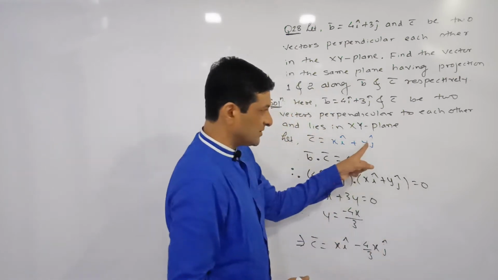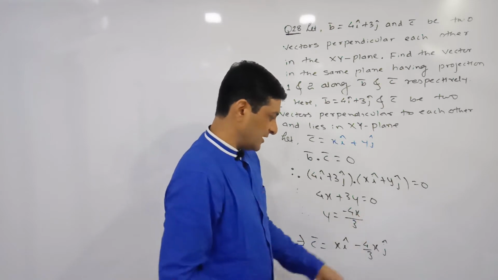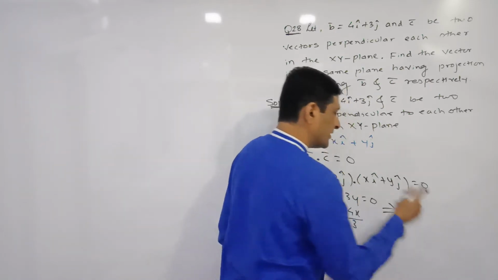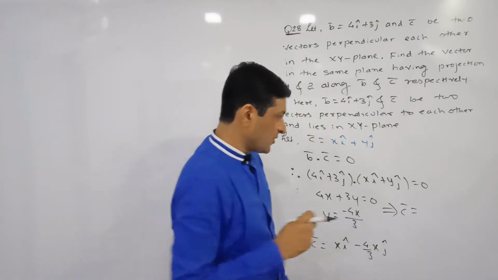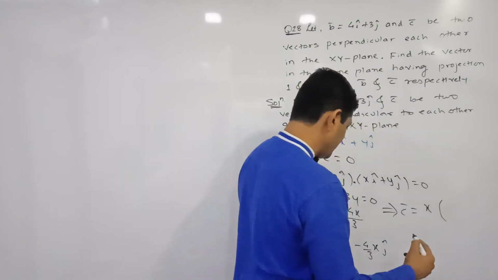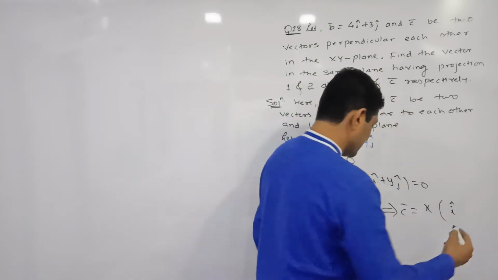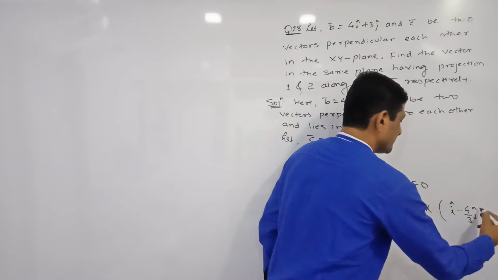So this implies that C bar is equal to, now observe carefully, can I take x common from both terms? If I take x common, the remaining term is i cap, and here the remaining term is minus 4 by 3 j cap.